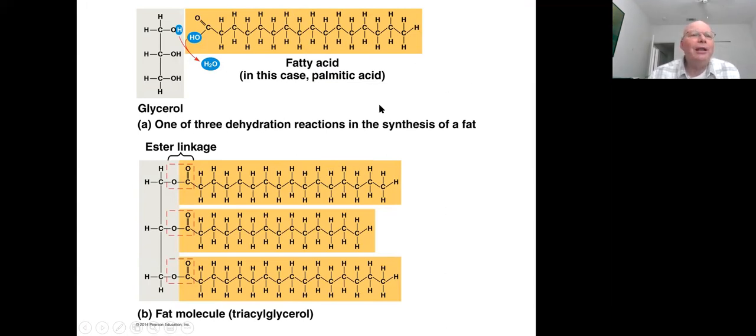So a lipid that contains fatty acids is sometimes referred to as an acyl glycerol or a glyceride.